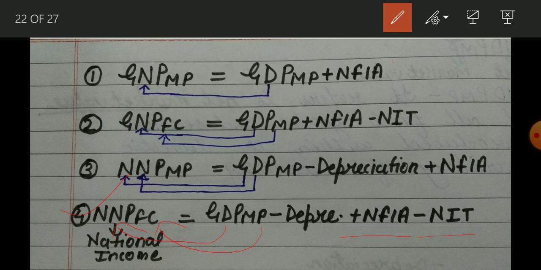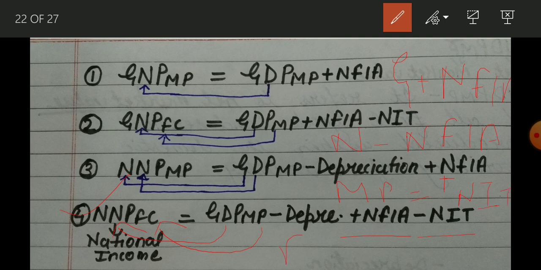Remember, gross means plus NFIA. Okay, net means minus NFIA. Okay, MP means plus NIT.